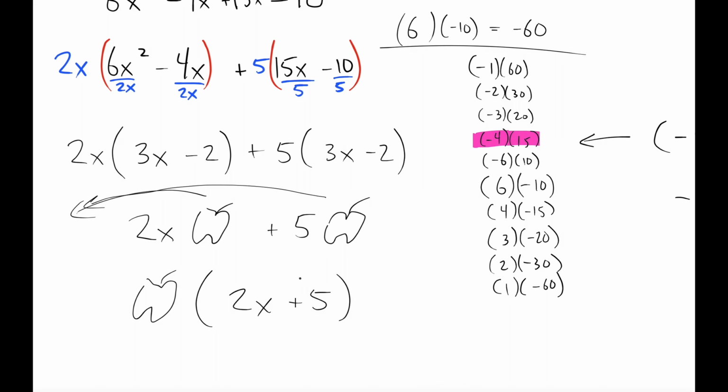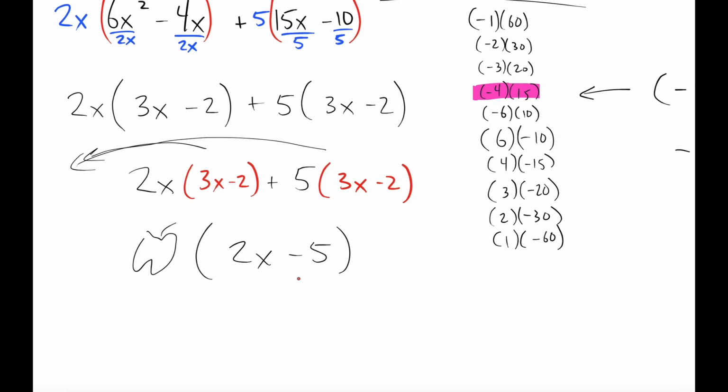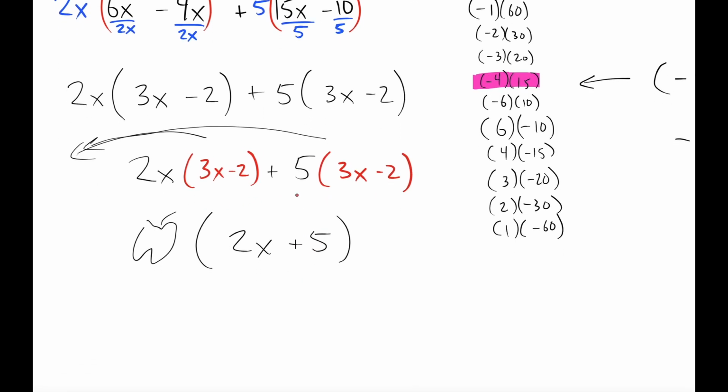This is just an analogy. The apple here is the 3x minus 2. So 3x minus 2 comes out front. And that's our final answer.